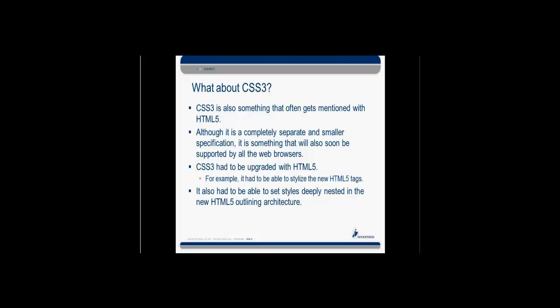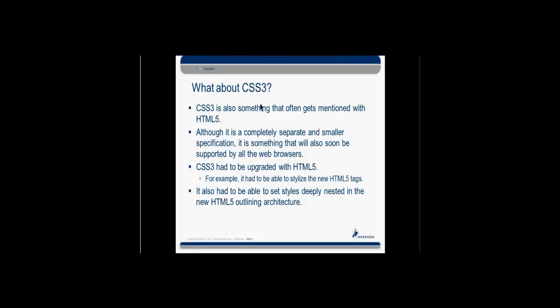CSS3, of course, had to be updated with HTML5. If you think about it, with HTML5, it's got new tags, so wouldn't CSS have to be able to recognize those? Well, exactly. Plus, HTML5 with the new tags have a whole new way of handling outlines. Currently, we have our H1 through H6 for defining the outline of our entire document. But in HTML5, we have a new way of defining outlines.